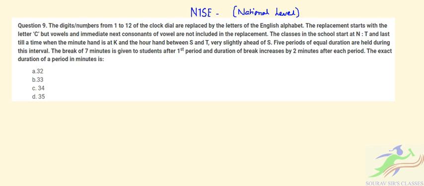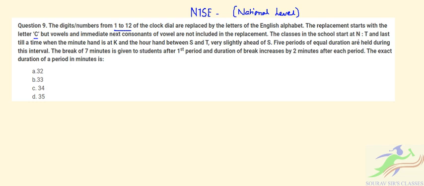It is saying that digit numbers from 1 to 12 of the clock dial are replaced by the letters of the English alphabet. And the replacement starts with the letter C, but vowels and immediate next consonants of a vowel are not included in the replacement.